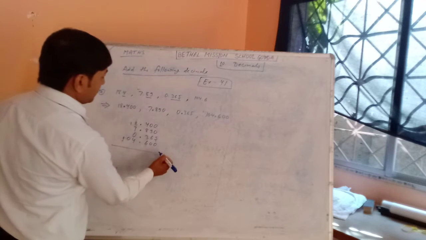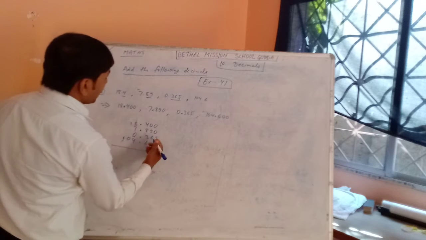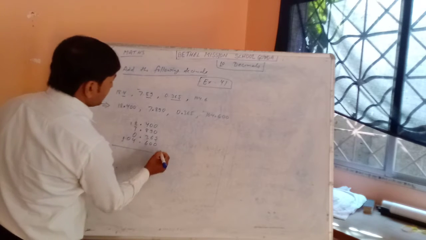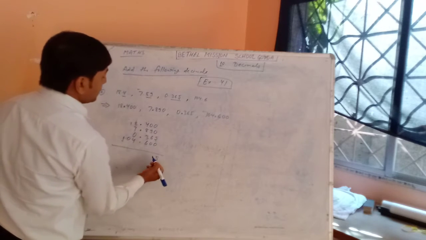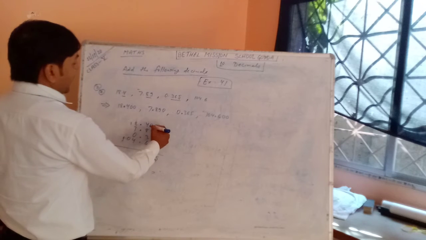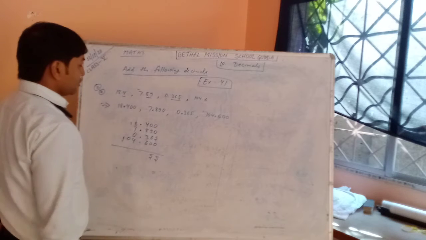Now add from right to left. 9 and 6 is 15, and 4, 8, 12, 15.